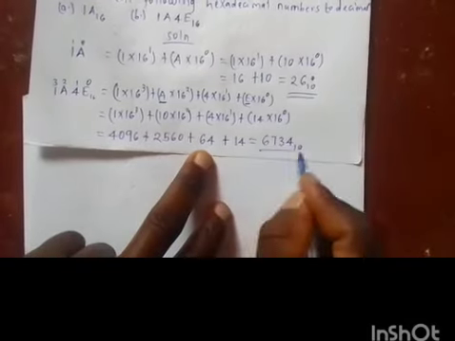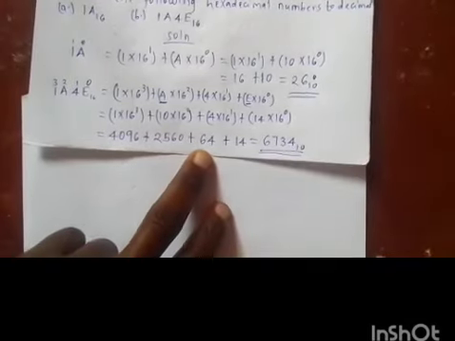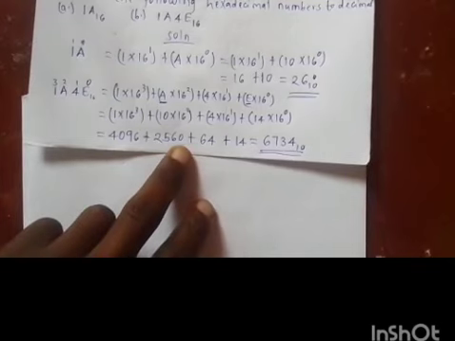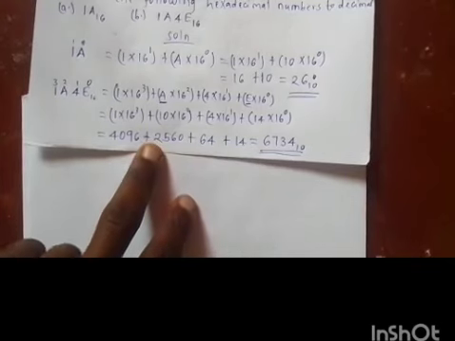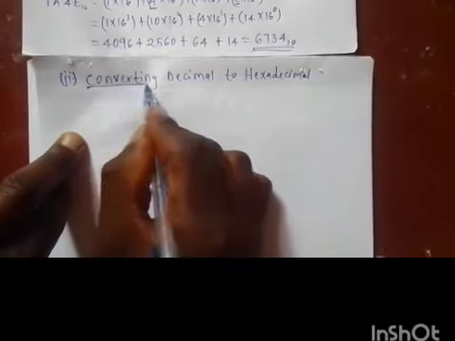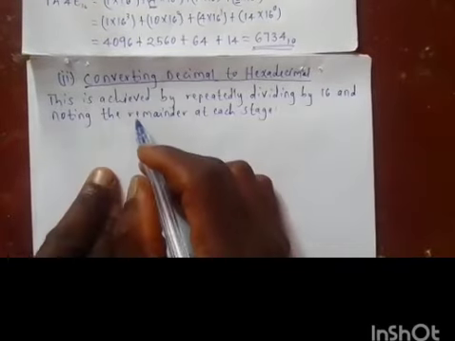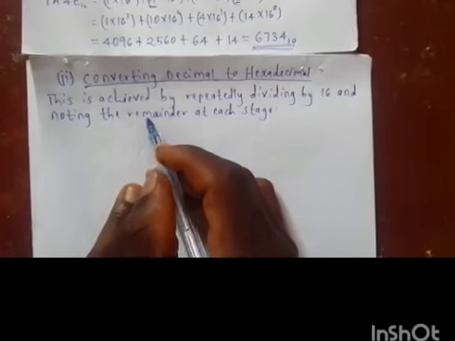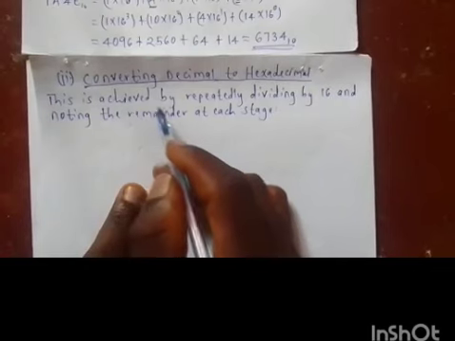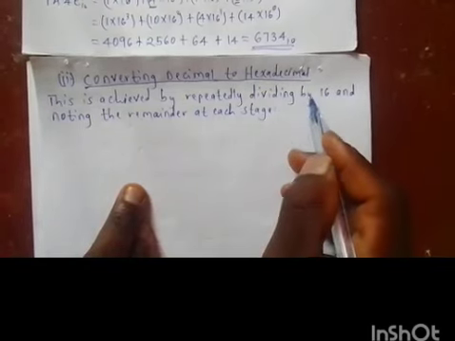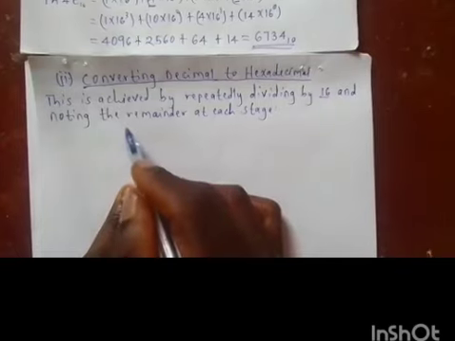Right. So we want to move to the second part, that is converting decimal to hexadecimal. So this process of conversion is achieved by repeatedly dividing by 16 and noting the remainder at each stage.